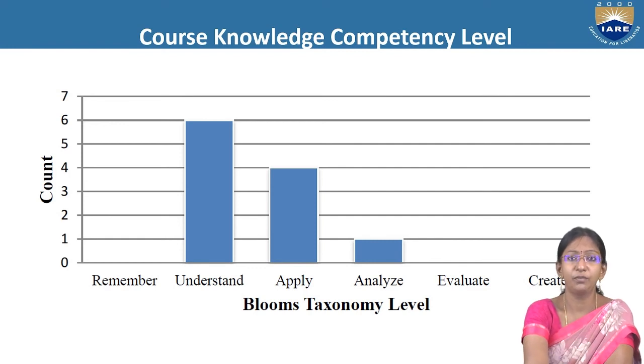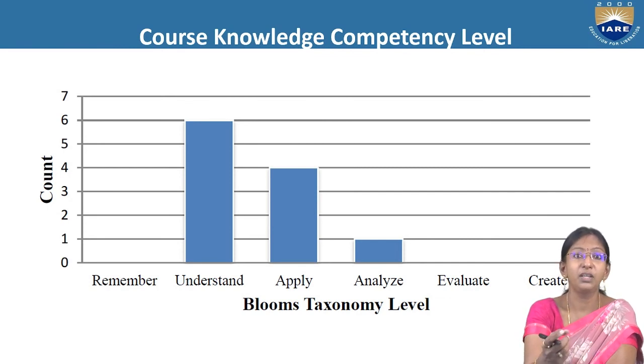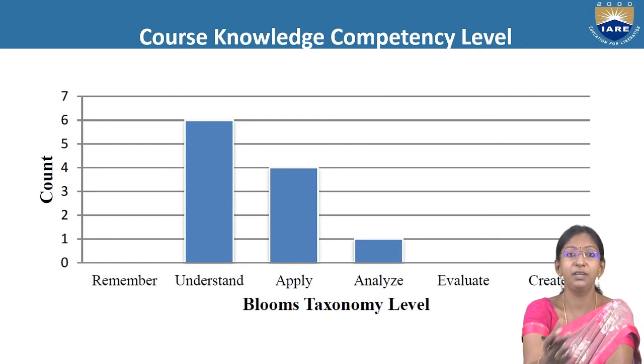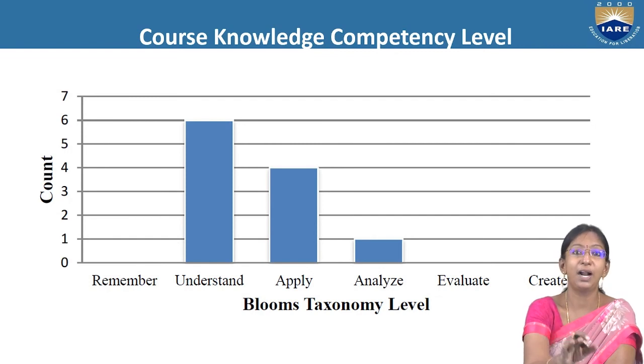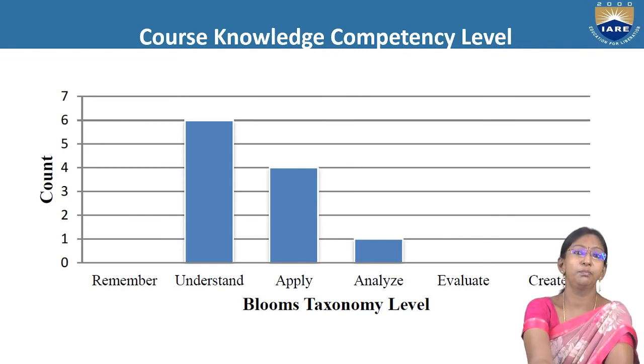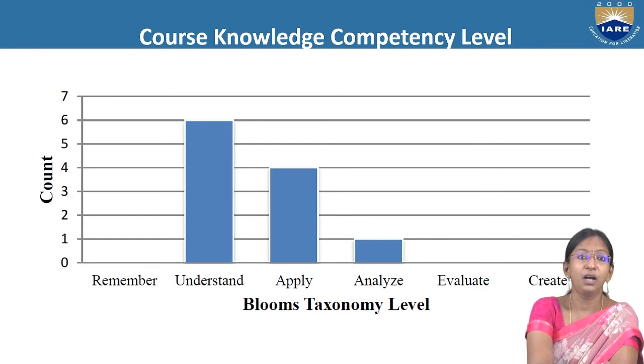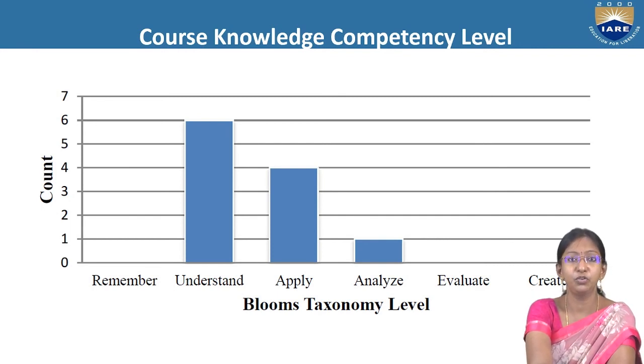You might not have heard about what a stack is, what a double-ended queue is, what a circular linked list is, what an AVL tree is, or a binary search tree. All these terms will come every day with a new session. You will be hearing new terms which you need to understand. So understand is the key criterion here. In Bloom's taxonomy, understand is the basic criterion which I'm going to achieve when you learn data structures.